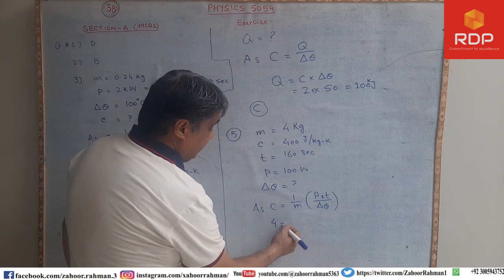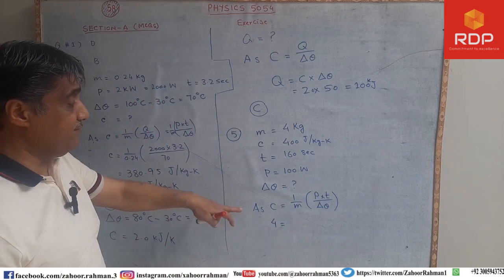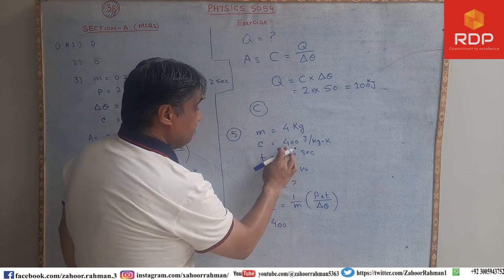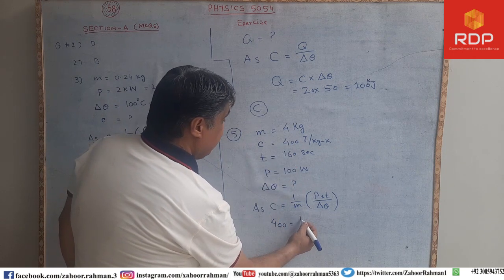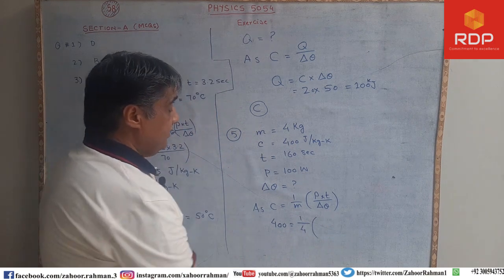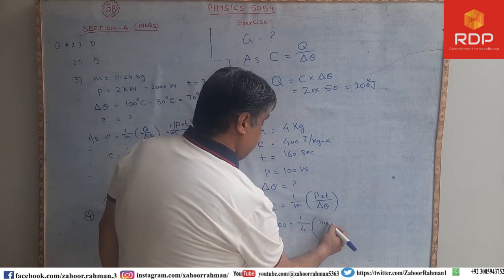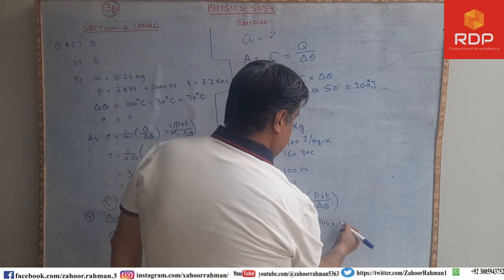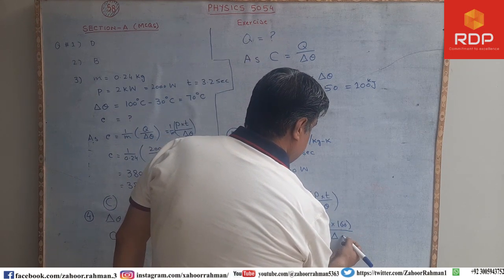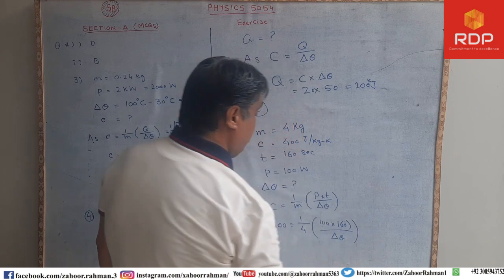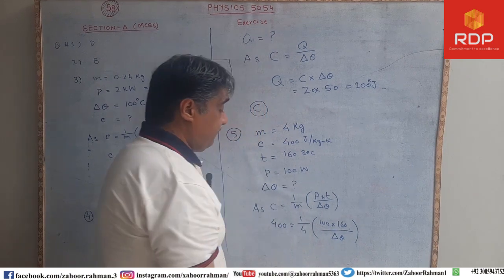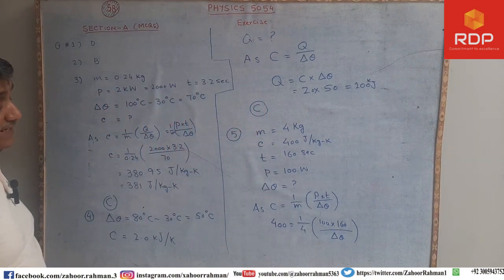So we are writing 400 instead of C, and instead of m we are writing 4. P is 100 and T is 160, and delta theta we have to find.